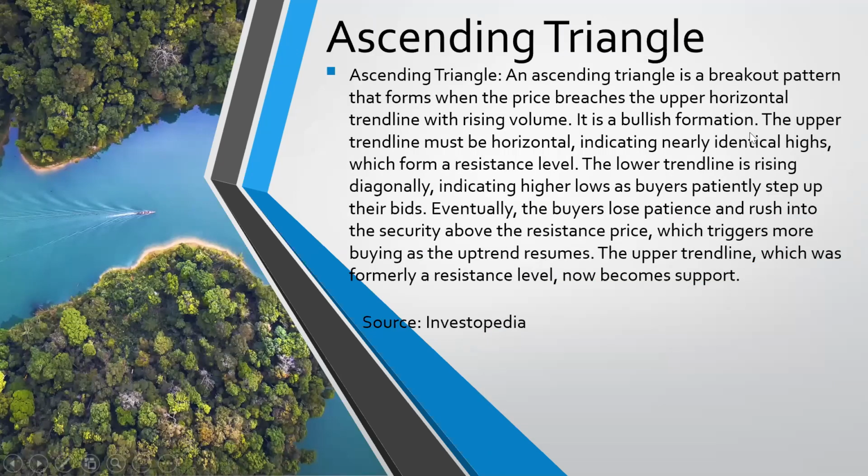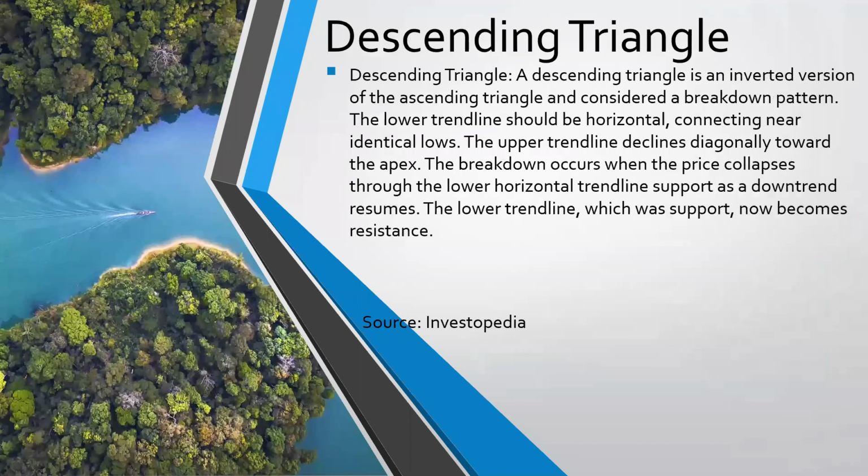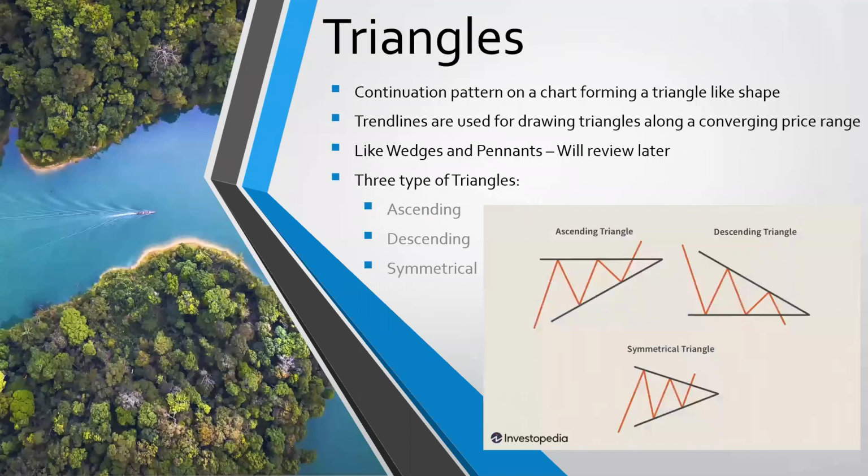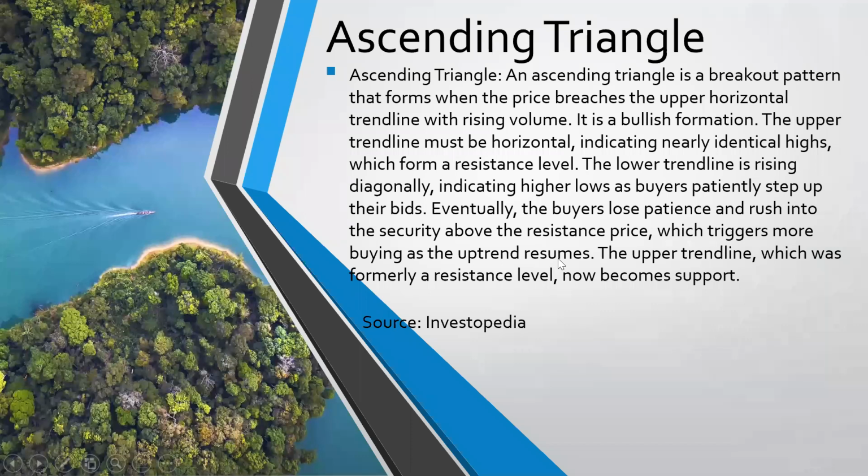It's a bullish formation, as I said. The upper trend line must be horizontal, indicating nearly adjacent highs. Adjacent highs don't have to be exact in terms of value, but similar, nearly identical highs, which form a resistance level.